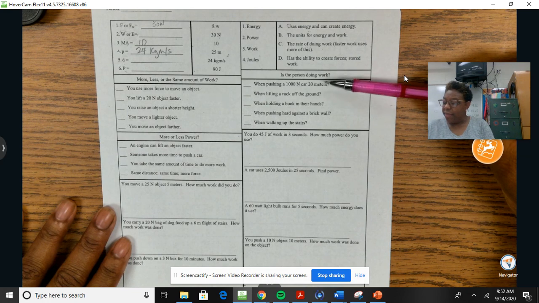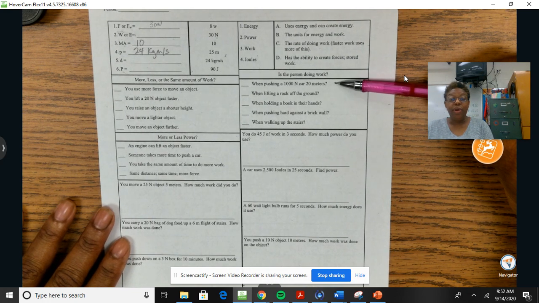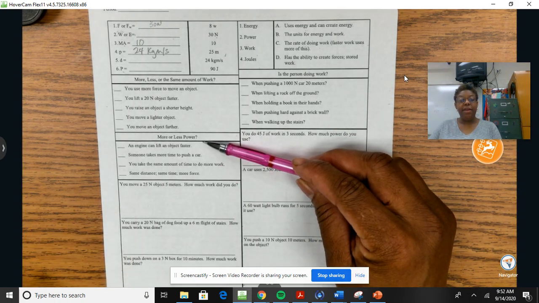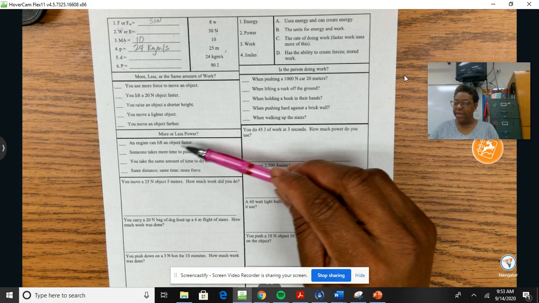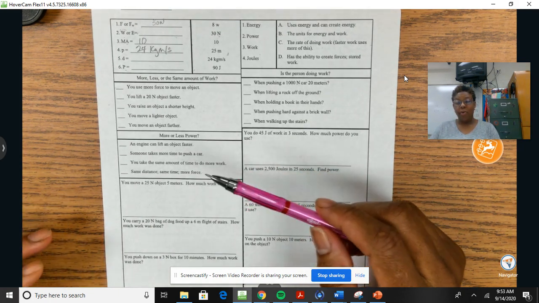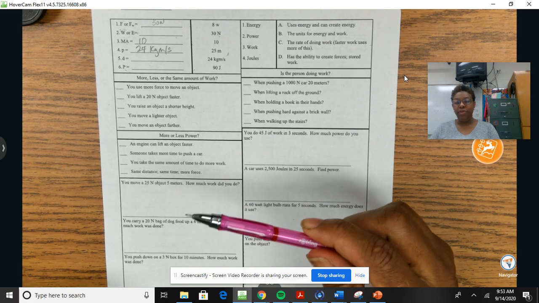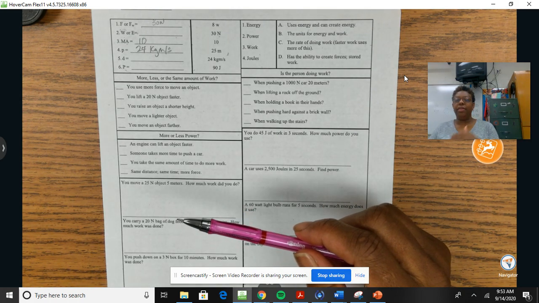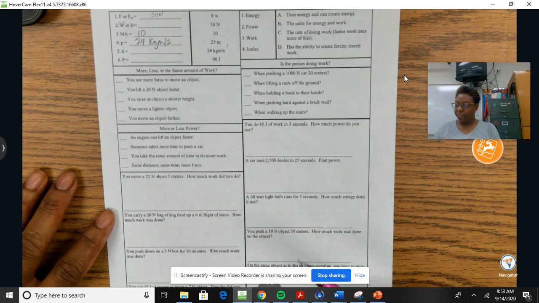Again, here, you're simply answering, is the person doing work at all based on the scenario? In this block, you're looking at whether they did more or less power. So an engine can lift an object faster. Well, what do we know about power? That how quickly you do something increases the power. So the more quickly you do it, the more power you have.